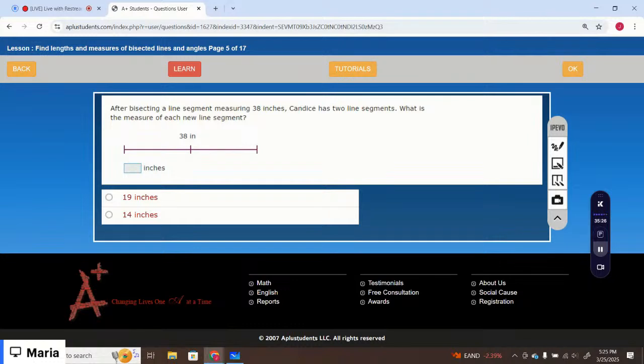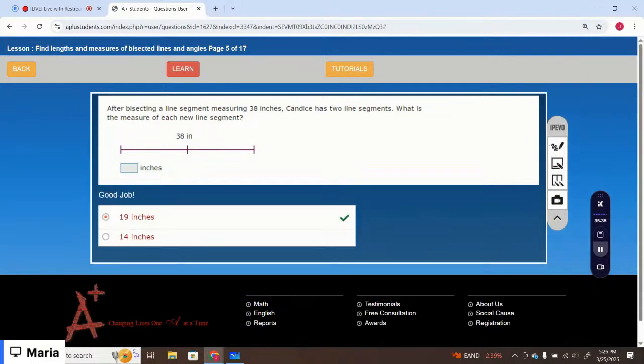What is the measure of each new line segment? So each new line segment measures 19 inches because 38 divided by 2 is 19. Option number 1 is the correct option.